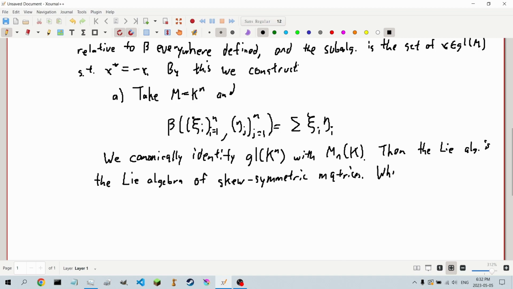And we note that when our base field K is the reals, this is the orthogonal Lie algebra, which, if we recall from the very first episode, is the tangent space of the orthogonal group as a vector space at the identity matrix.